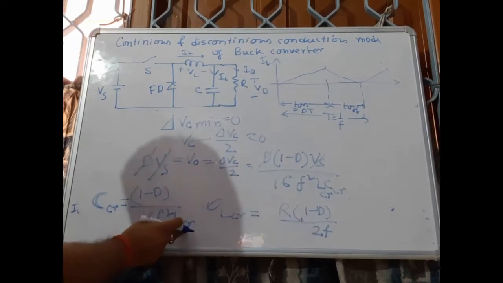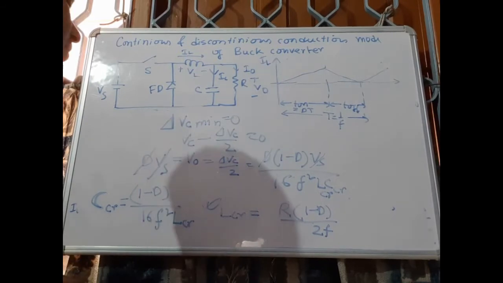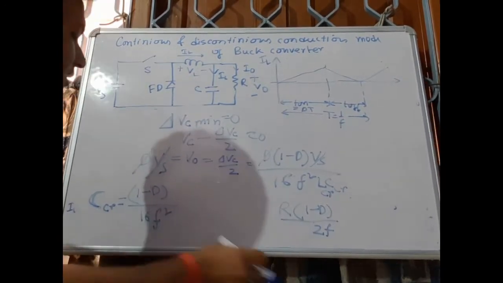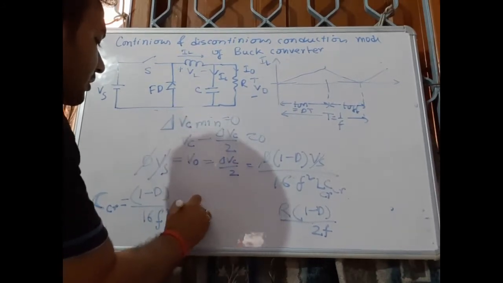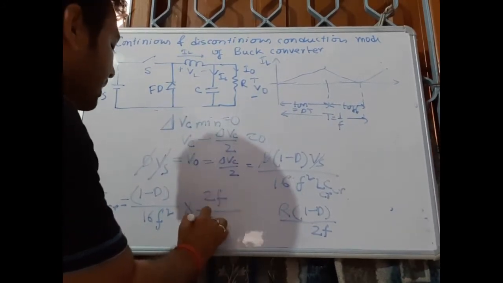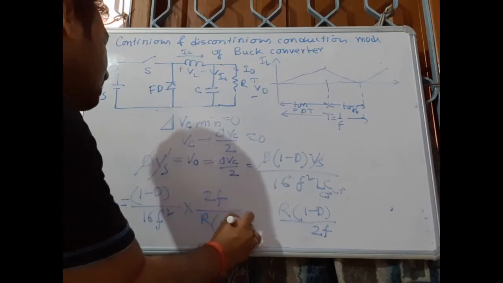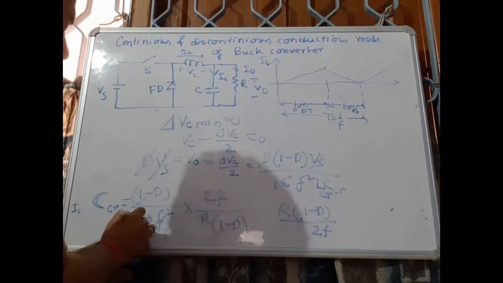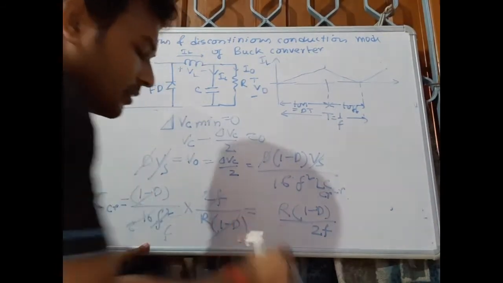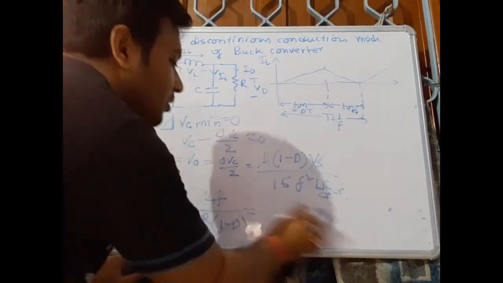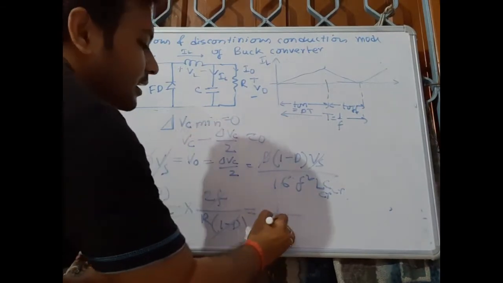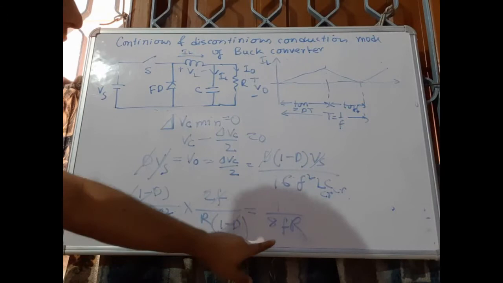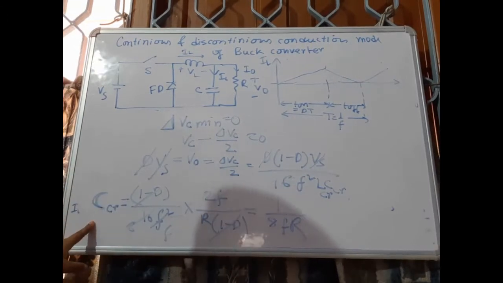Now if I put the value of LCR here, we have twice F divided by R into 1 minus D, and if I cancel it, we have the value 1 by 8 F R. So this is the value of the critical capacitor.